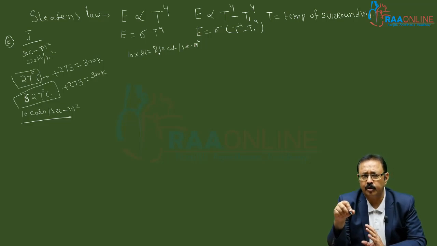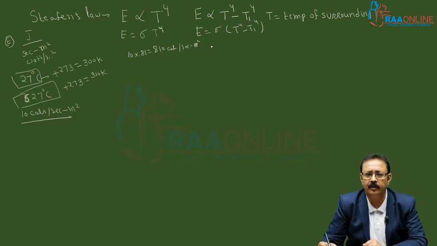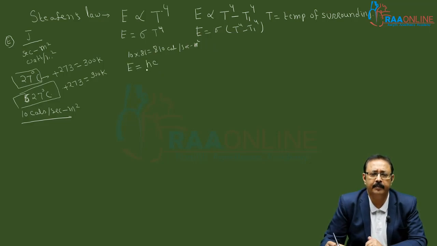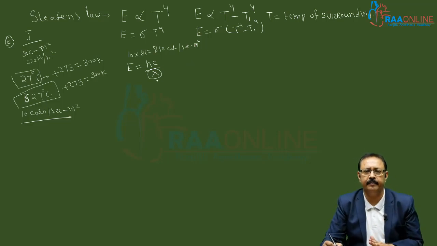Next, many times they discuss one more law, Wien's law of displacement. What is Wien's law? We know that energy is hc by lambda, where lambda is wavelength. It means with each energy one wavelength is associated.